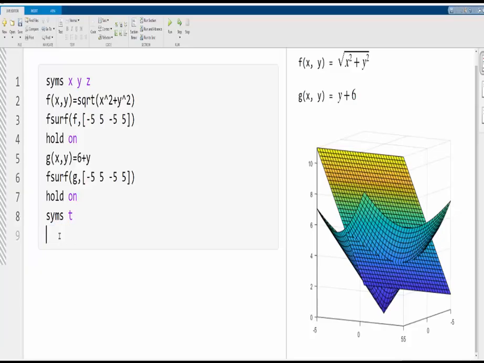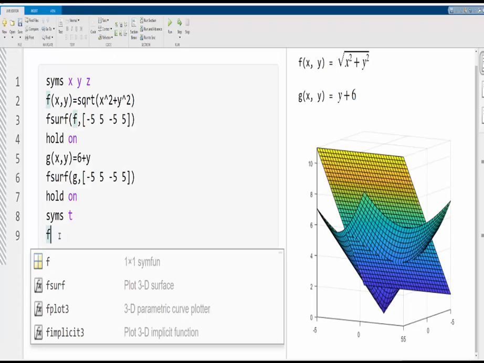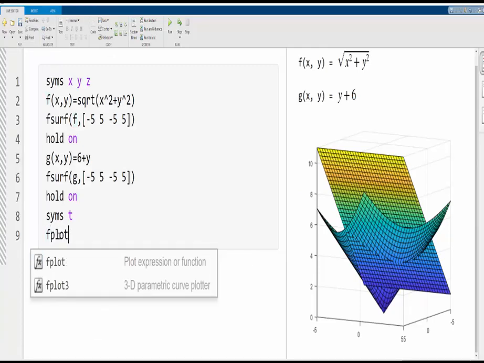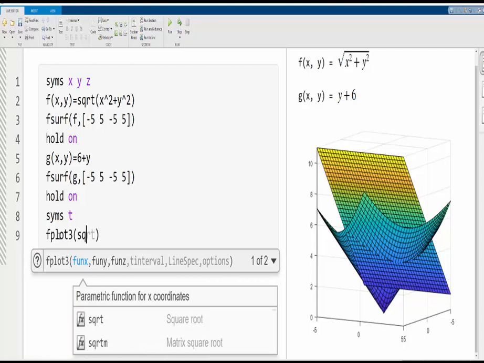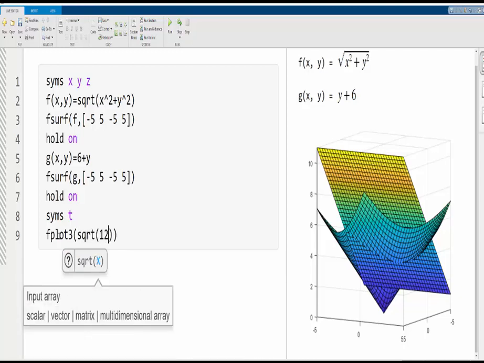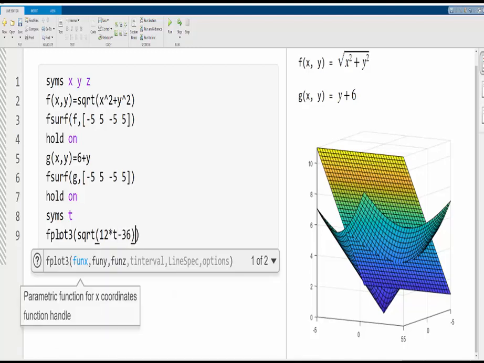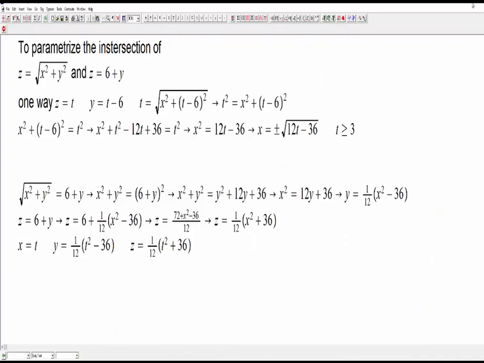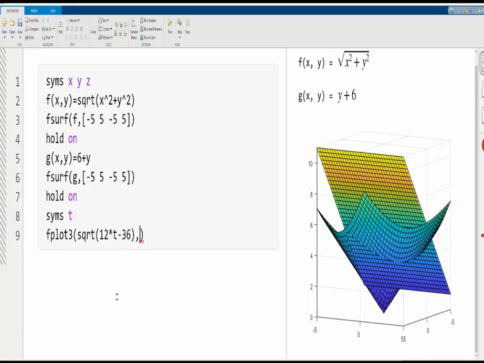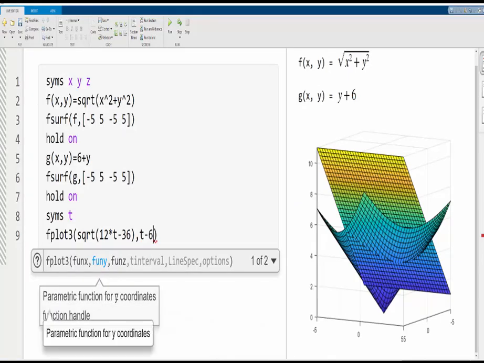So remember, we plot our curve by using fplot3, and what we have here is the square root of 12 times t minus 36 as the first component, right? And I forgot the second one so fast. t minus 6 is the second component, right?